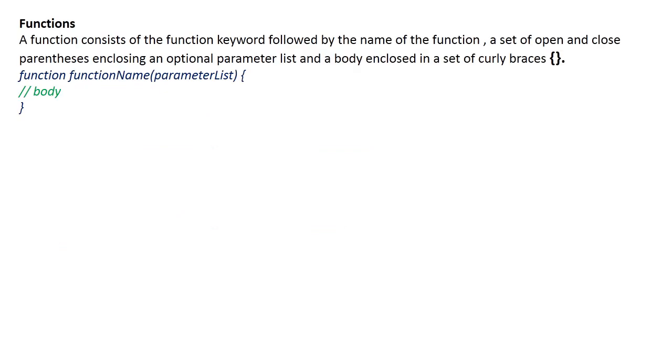Then we have to discuss the function. A function consists of the function keyword followed by the name of the function, a set of open and close parentheses enclosing an optional parameter list, and a body enclosed in a set of curly braces.